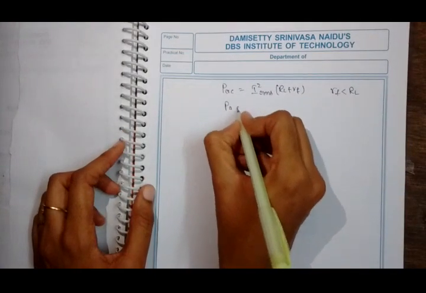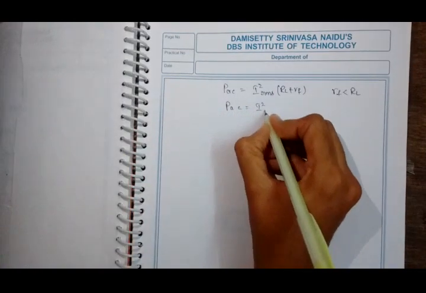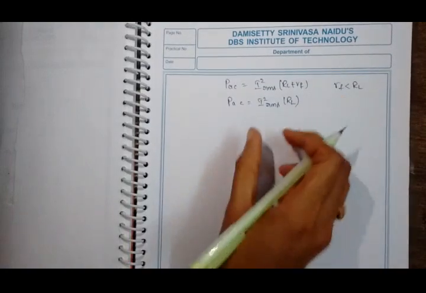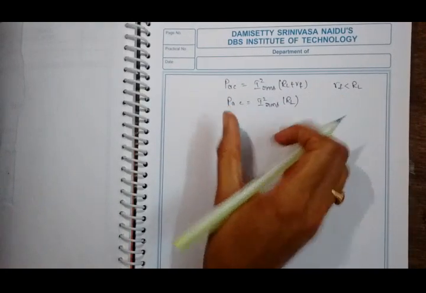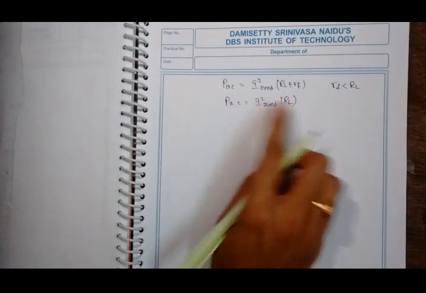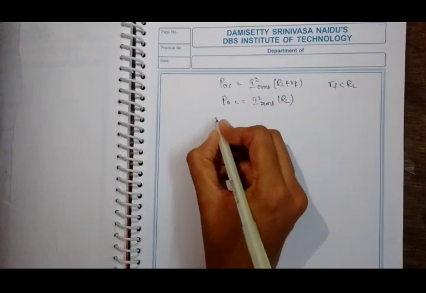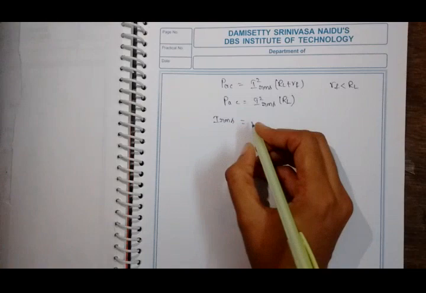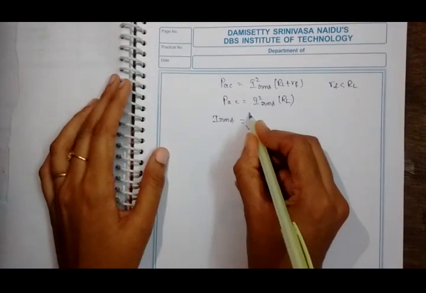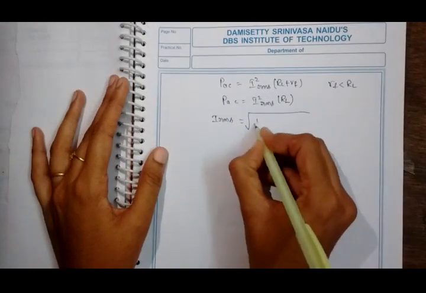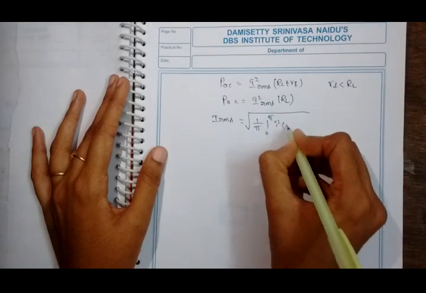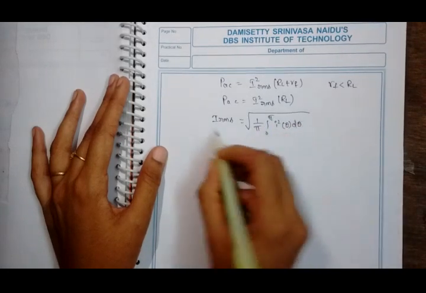So we can write PAC is equal to I square RMS into RL. First we will calculate the IRMS value, then we will substitute that IRMS value here. To calculate IRMS I am writing like this, 1 by pi integral 0 to pi I square of theta d theta.